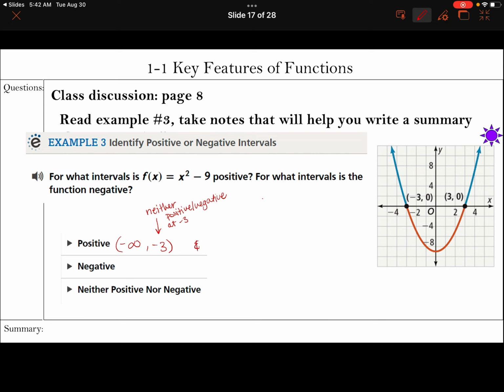And remember, for infinity, always parentheses. Same goes for 3 to infinity.